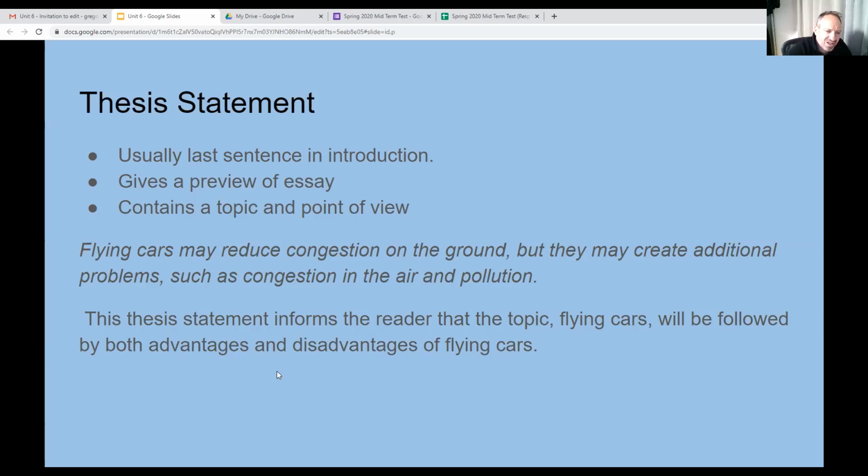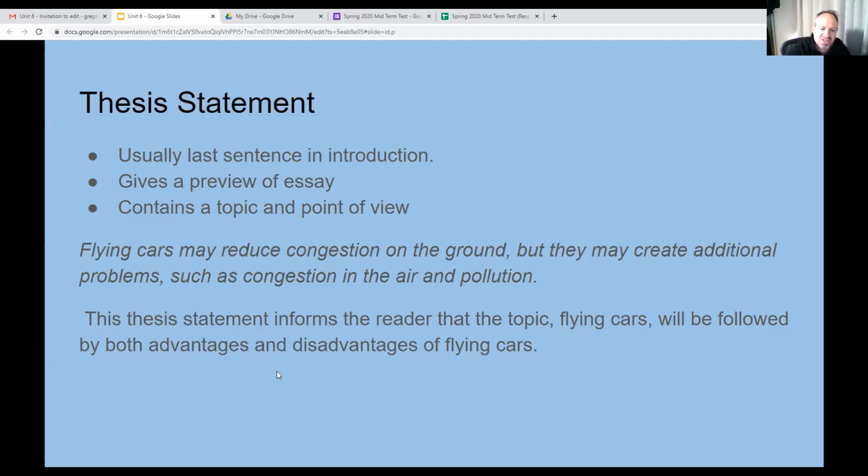So flying cars may reduce congestion on the ground, but they may create additional problems such as congestion in the air and pollution. Yep, so it gives you the basic main argument and then gives a summary of your main reasoning, your main points in favor of your argument.